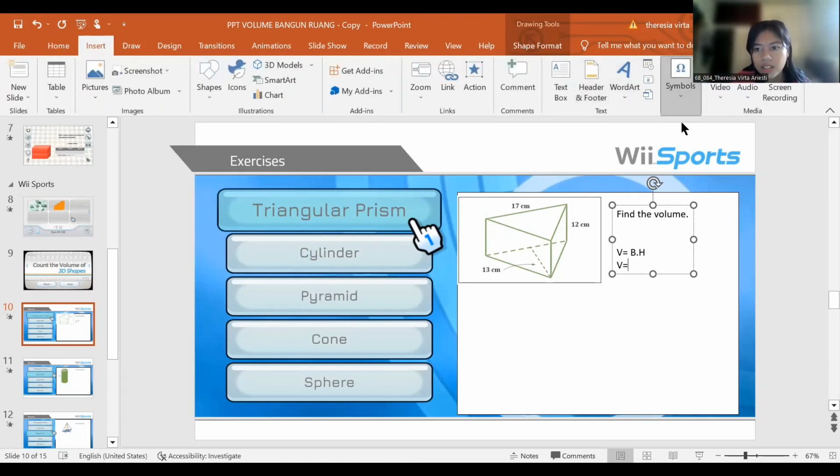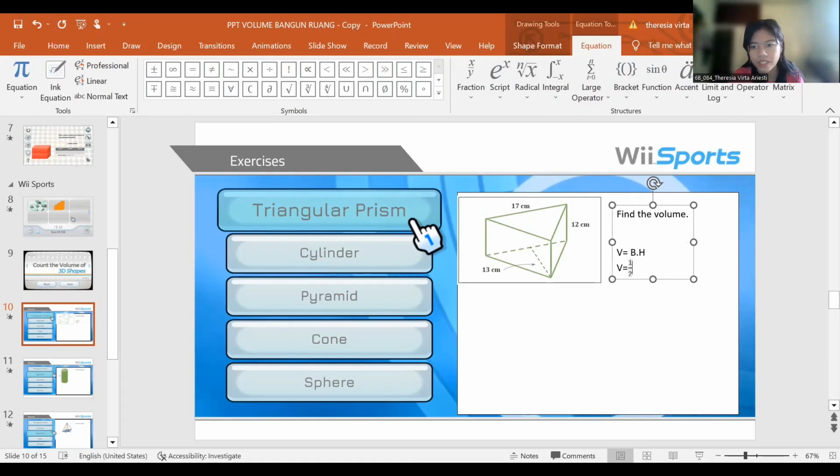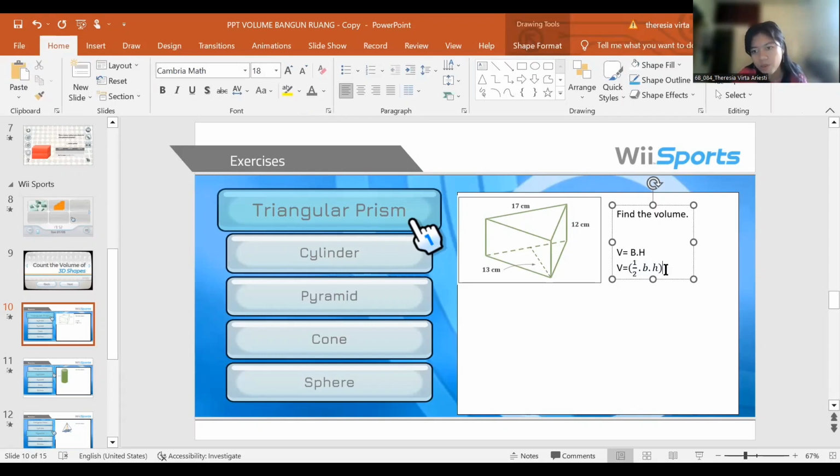The formula is half cross base, I mean the base of the 2D shape, the base of the triangular prism, and then cross height of the base of the triangular prism. So for the b and h, we use lowercase. And then this formula, we can cross it with H. So we got the volume formula of the triangular prism.